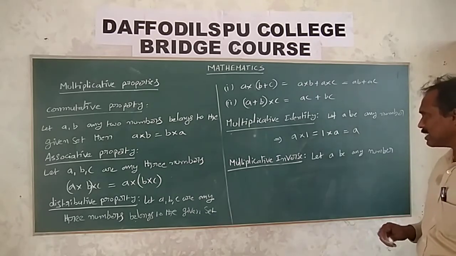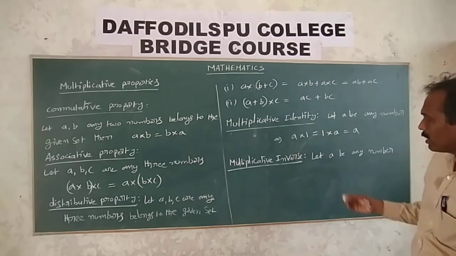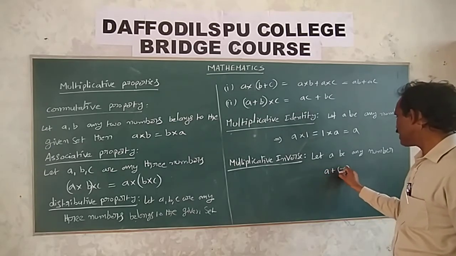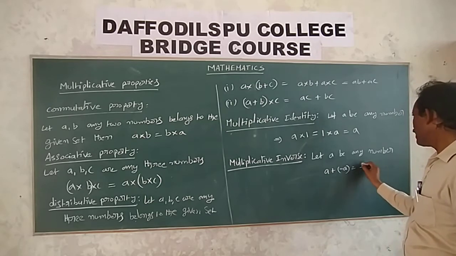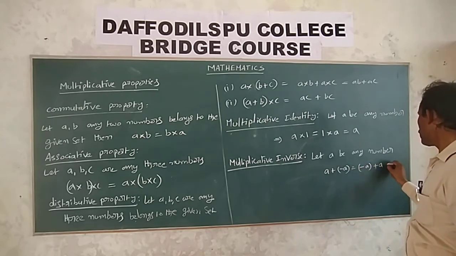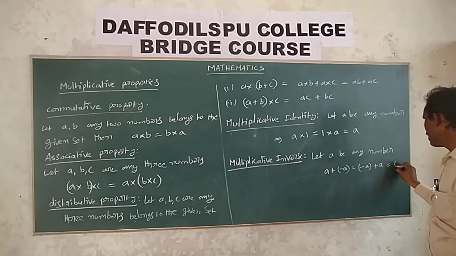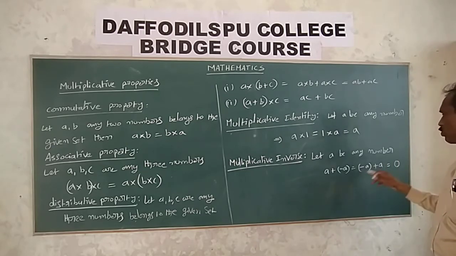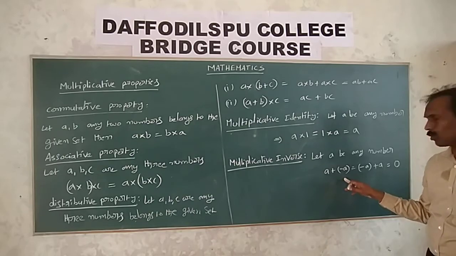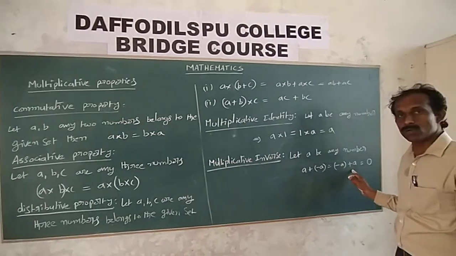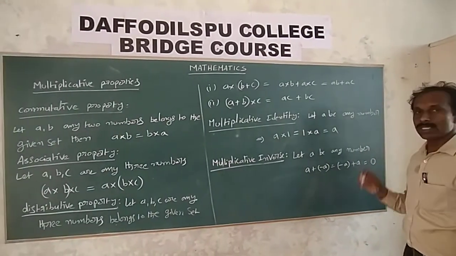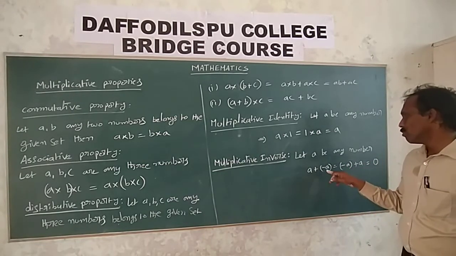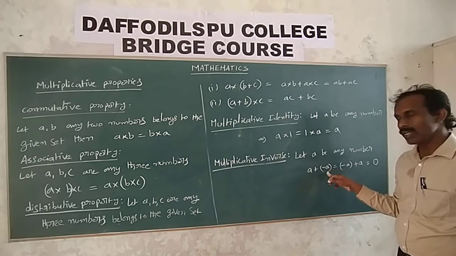What is the additive inverse? a plus minus a is equal to minus a plus a is equal to 0, the additive identity. So 0 is the additive identity, and minus a is the additive inverse.